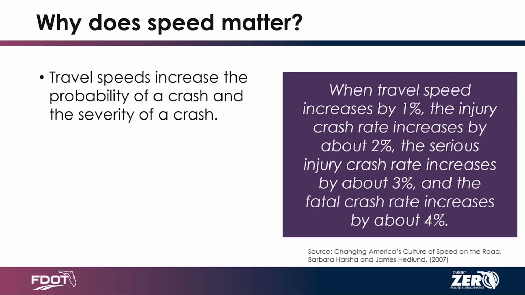That's a 1% increase, right? If you're going, say, 30 miles an hour, 1% isn't very much. But looking at how serious that is, the difference between, let's say, 30 and 35 miles an hour, there's a very drastic increase in crash rates.